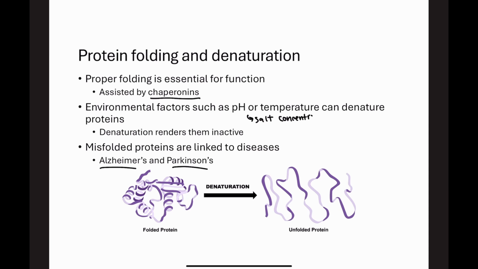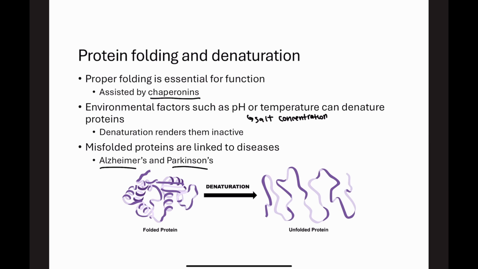For example, high fevers can denature the proteins in our blood, and that's fatal to us. When we transfer a protein to a nonpolar solvent, that can also cause it to refold with hydrophobic regions exposed, which is going to make it inactive.